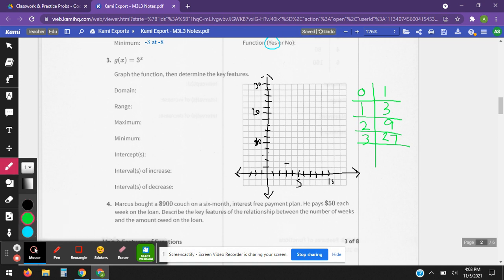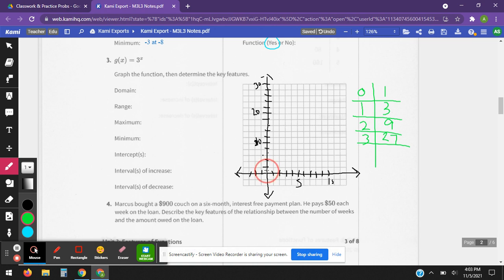So we're going to have a point at 0, 1 right here. And we're going to have one at 1, 3. Point right here. And 2, oh wait, oh my goodness, undo. Where's my undo? 1, 0, 1.